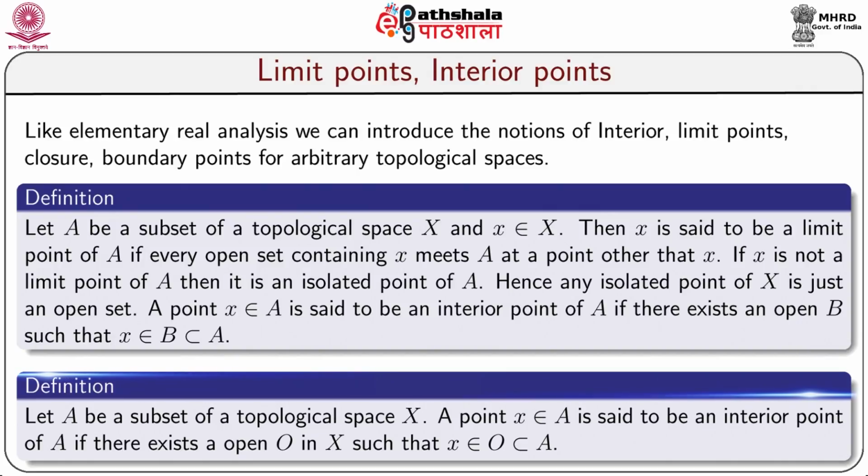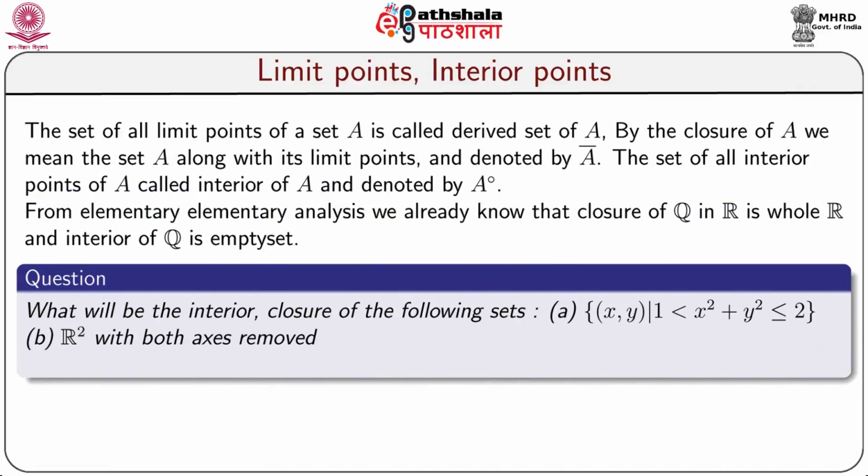That will hold here also. The set of all limit points of a set A will be called the derived set. By the closure of A, we will mean A along with its limit points, and it will be denoted by A bar. The set of all interior points of A will be denoted by A interior.